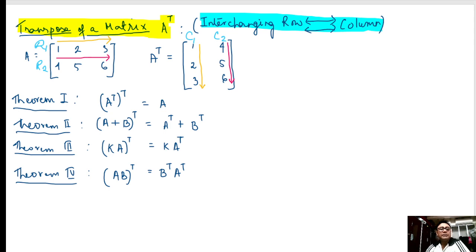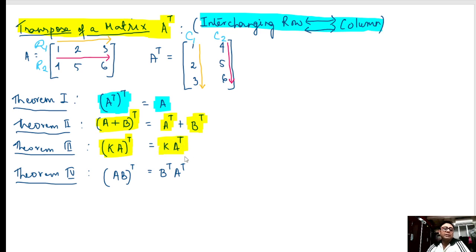So let's see a few theorems which are very important for us. If you do transpose of a transpose, you will get the original matrix. Similarly, (A plus B) transpose means A transpose plus B transpose. Similarly, (kA) transpose, k is a scalar quantity, so we write k A transpose.